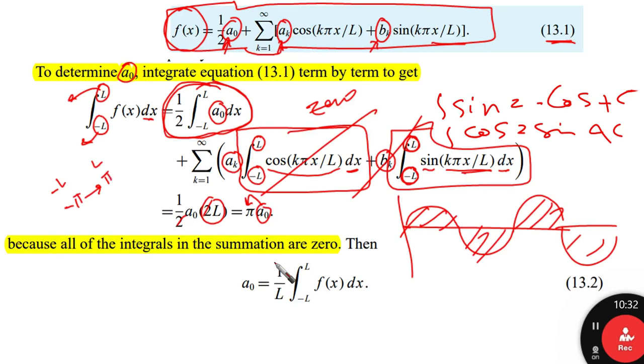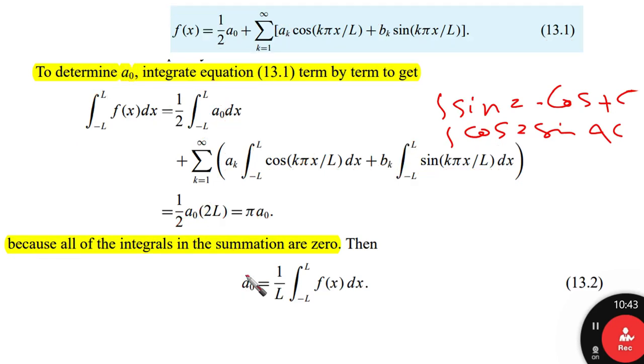This is because all of the integrals in the summation are 0. Then a0 equals 1 over L times the integration from minus L to L of f of x dx. We didn't do anything special, we just looked again at this and equated it to the original one.